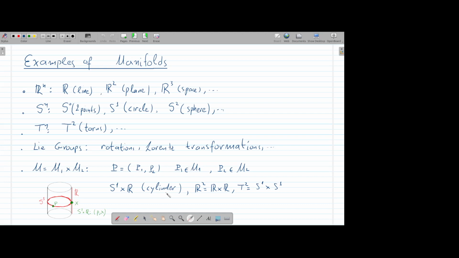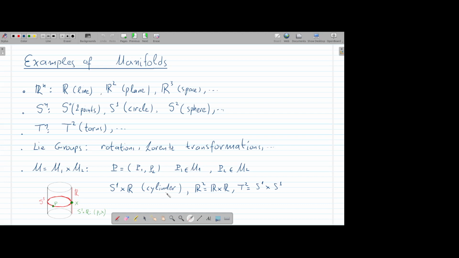But there are less trivial examples, like the n-dimensional spheres. The one-dimensional sphere is the familiar circle, whereas the two-dimensional sphere is what we usually call a sphere in everyday life. Other manifolds that are of interest are the toruses, like the two-dimensional torus, which when looked at in three-dimensional space looks like a donut.